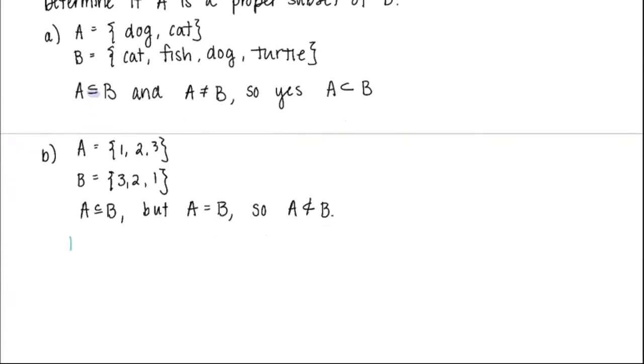So here, A is a subset of B, but it's not a proper subset. So proper always takes a little bit more effort for it to happen.